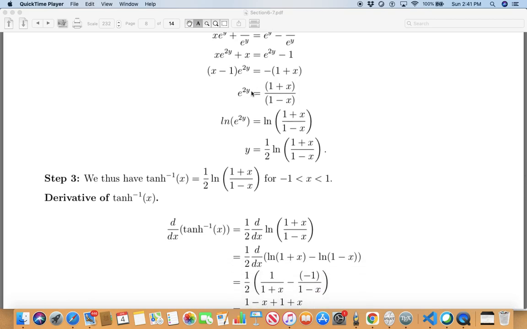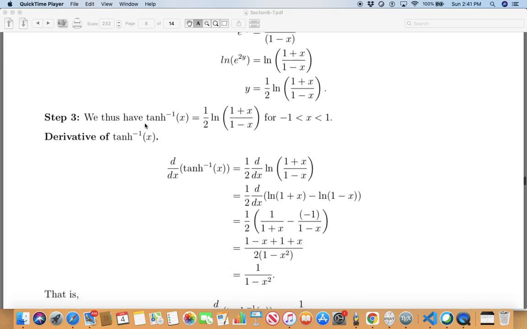Take the natural log of both sides: natural log of e raised to 2y, and the natural log of the right hand side. That brings 2y down. So y is half of all of this. There you go. You have identified tan hyperbolic inverse of x, that is half natural log of 1 plus x by 1 minus x, and this is defined for x between negative 1 and 1.